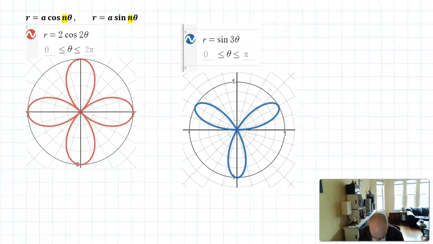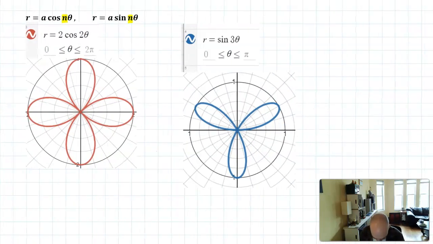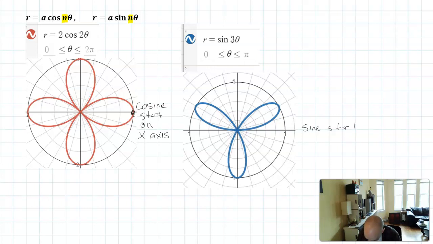And so there is a rule to differentiate cosine and sine. Rose curves with cosine will start on the x-axis. And looking at our sine 3 theta, Rose curves with sine start at r equals 0 and grow into the first quadrant.